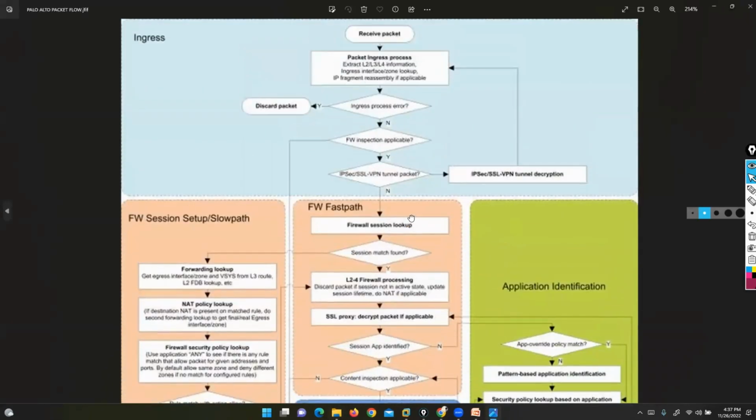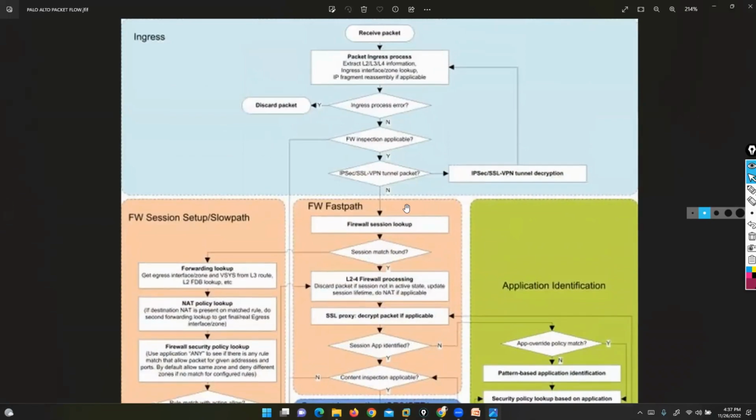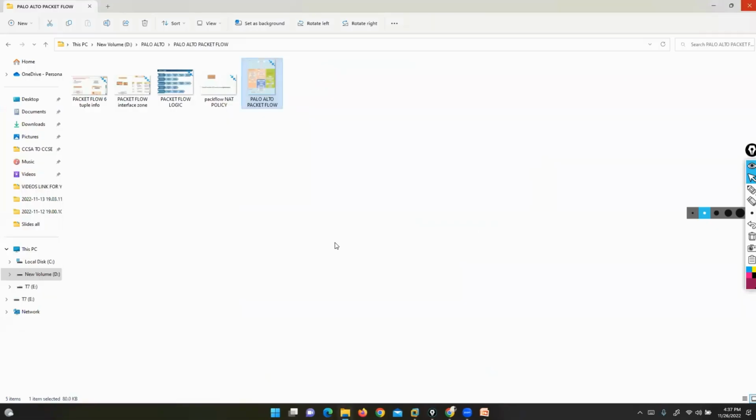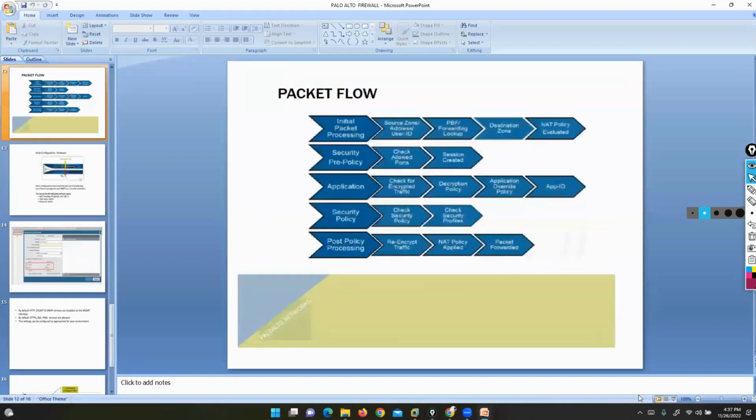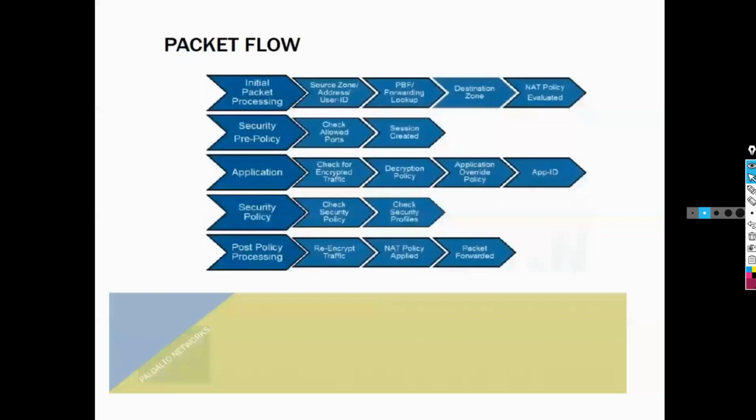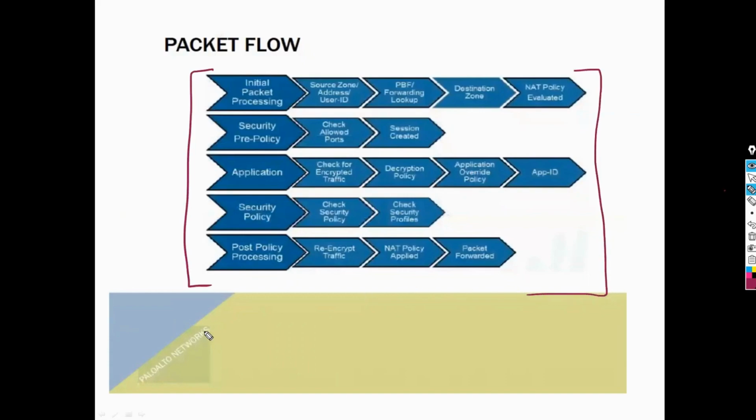We can discuss the slow path and fast path options in depth, but right now I'm giving you the basic idea about packet flow. If traffic hits the Palo Alto firewall box, how will the Palo Alto firewall box process the traffic? So this is your complete Palo Alto firewall device.